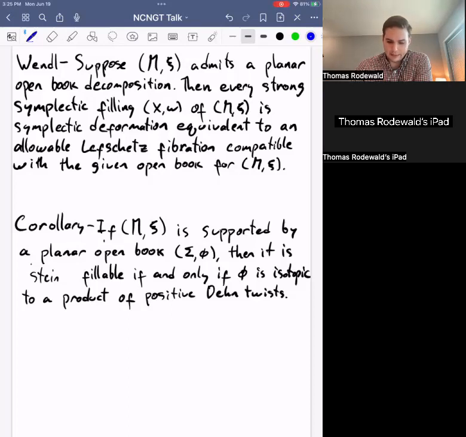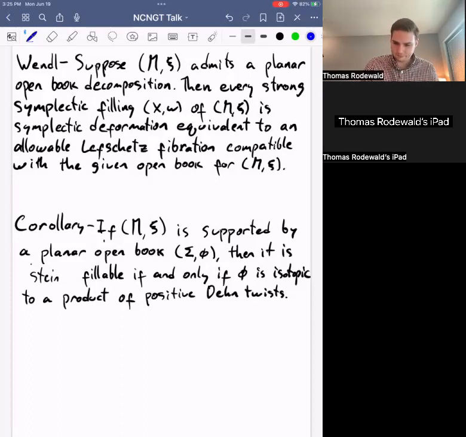The corollary is that if your contact structure is supported by a planar open book, then it is Stein fillable if and only if phi is isotopic to a product of positive Dehn twists.